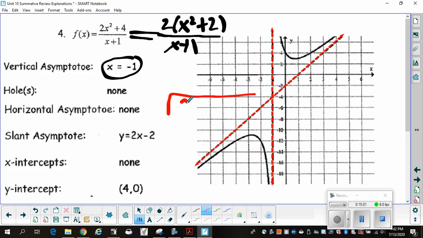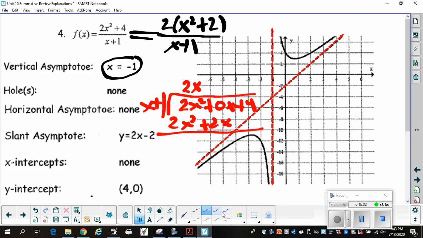So you're going to divide 2x squared plus 0x plus 4 by x plus 1. X will go into 2x squared 2x times. Multiply: 2x squared plus 2x.